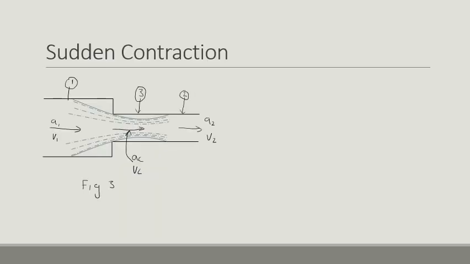So the system that we have here describes the sudden contraction. When a fluid is traveling from channel 1, represented by the blue dots over here, and it suddenly contracts to form section 2, a vena contracta is formed.